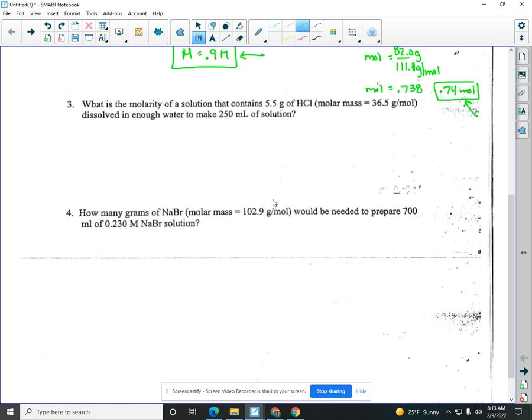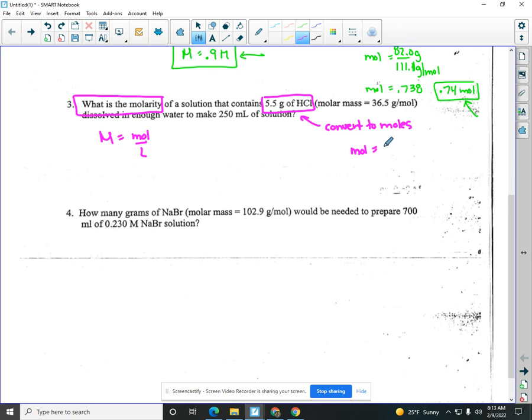All right, number 3. What is the molarity of a solution? So again, molarity equals moles over liters. Everybody needs to write your formula down. You've got 5.5 grams of HCl. You've got to convert that to moles, so we'll do that over here.